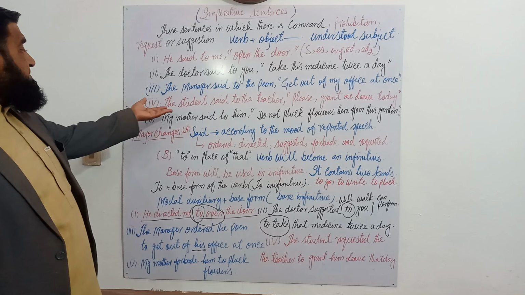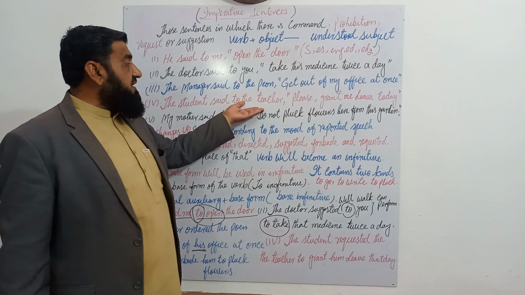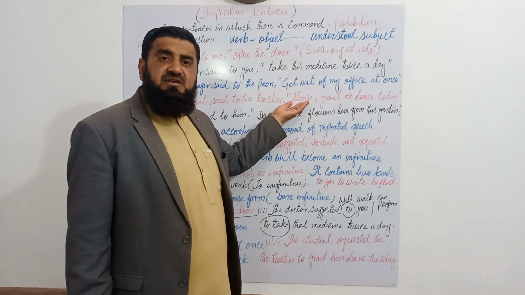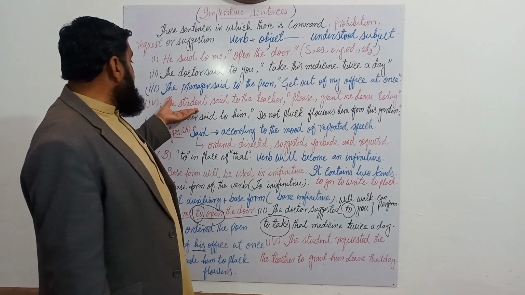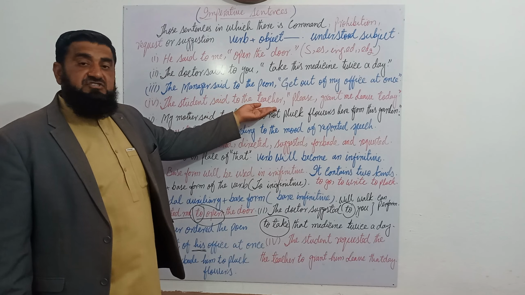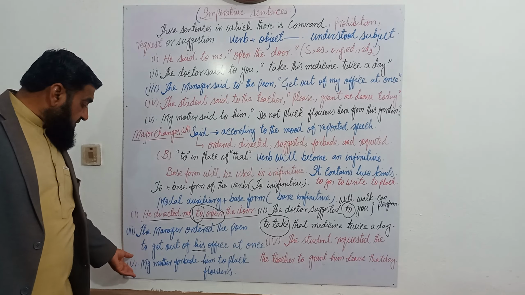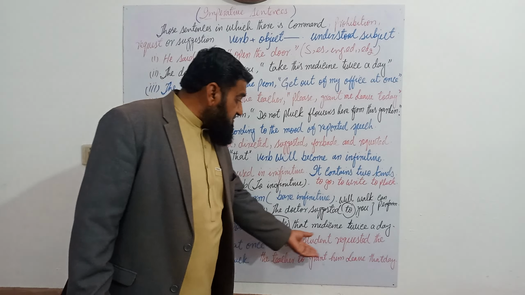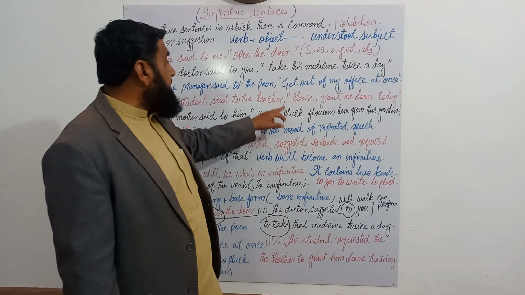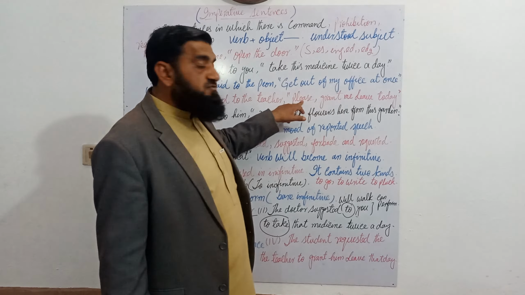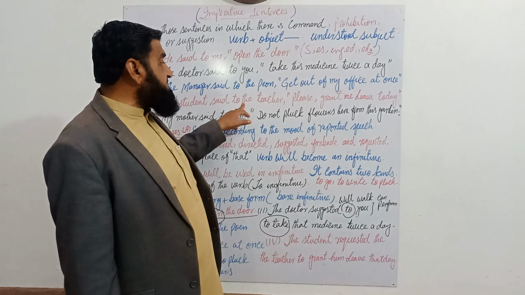So the next sentence, the student said to the teacher, please. When please is here, it means it is a request. So the student requested the teacher to grant him, to please grant me. Please will be omitted because request is here.